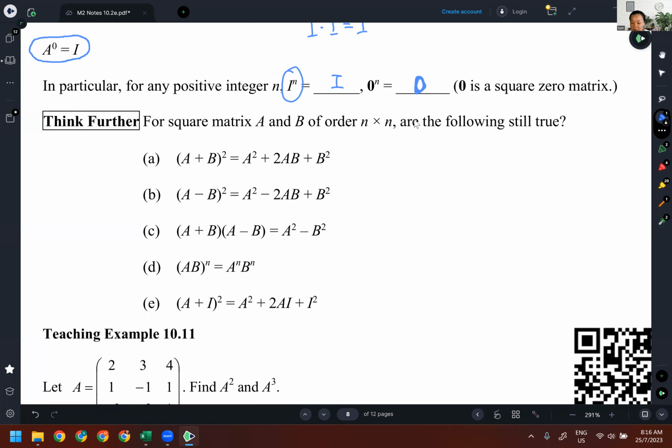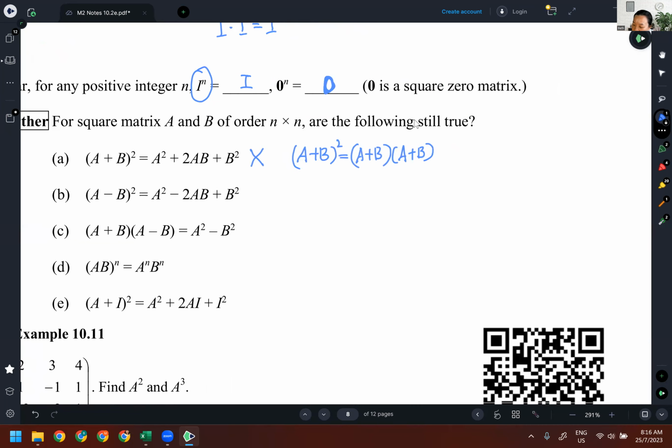So the left-hand side is A plus B squared. Usually it's wrong, they're not equal. Because A plus B squared is still equal to A plus B times A plus B by definition. But after the expansion, you will get AA plus BA plus AB plus BB.